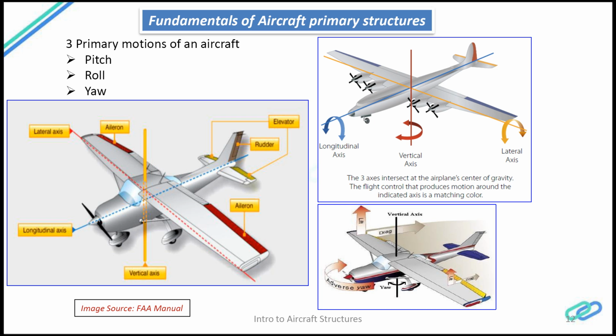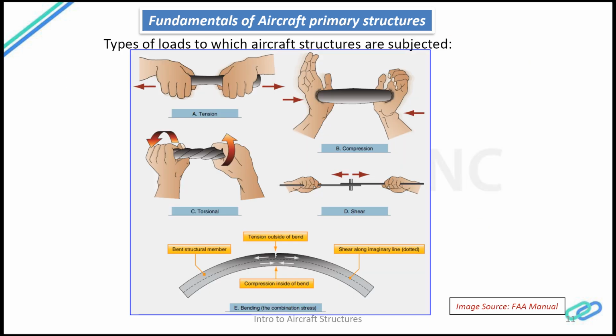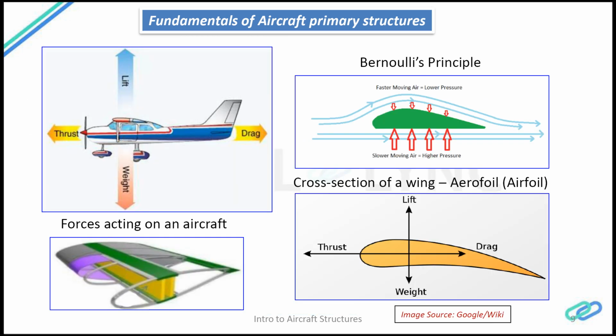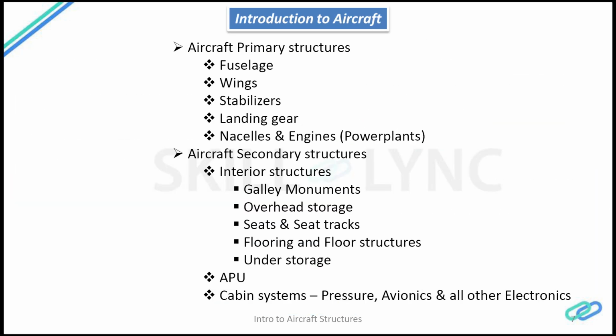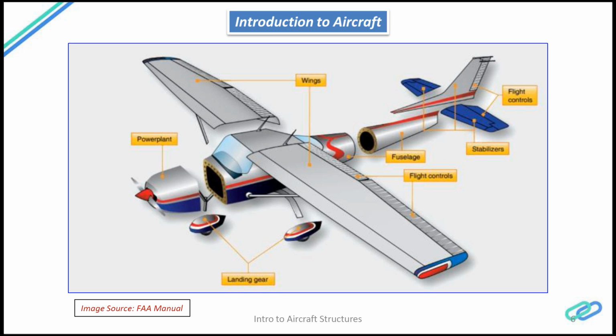You can see that these are the primary control surfaces of the aircraft. I'll go back to the previous slide where the aircraft is pictured. These flight controls, or primary control surfaces, are also called control surfaces or just the flight controls.